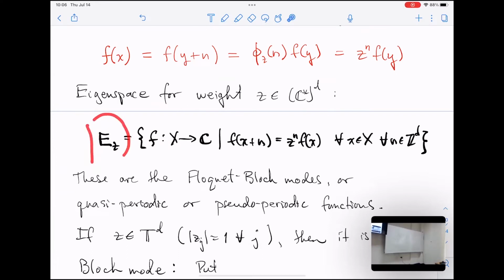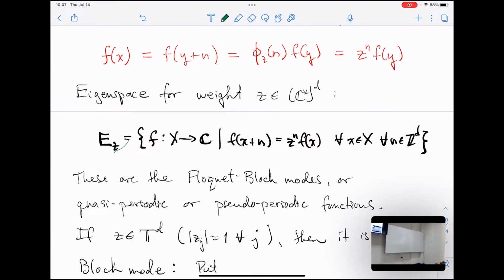And so this eigenspace is just now the set of all functions from x to C, so that when I shift it, under the shift action, you multiply by that particular character z to the n. So now we think of characters as being more generalized eigenvalues that actually depend on how many shifts I did. Okay, so these are the eigenspaces of the group action, the shift action by Z^d. That's what these are. These are the spaces.